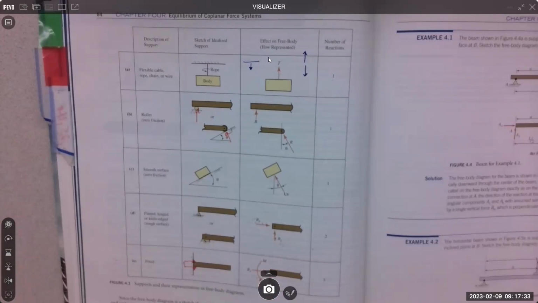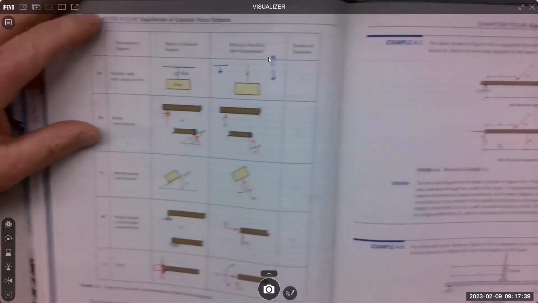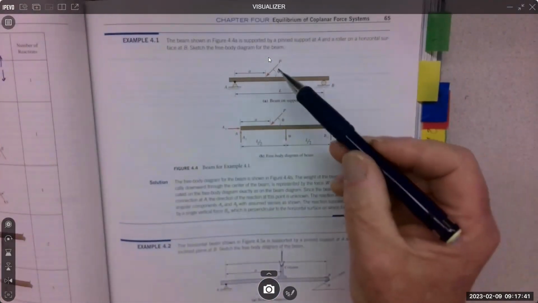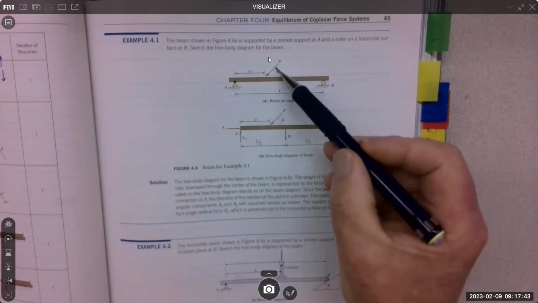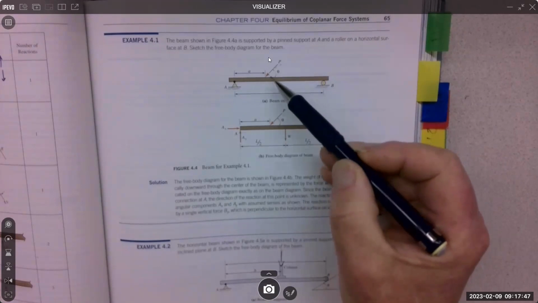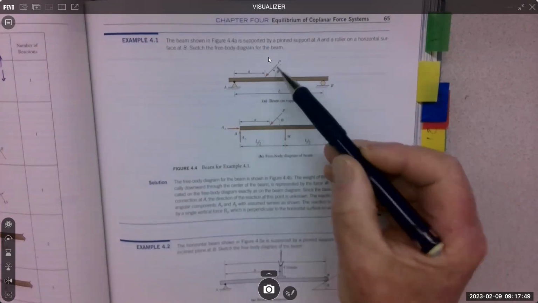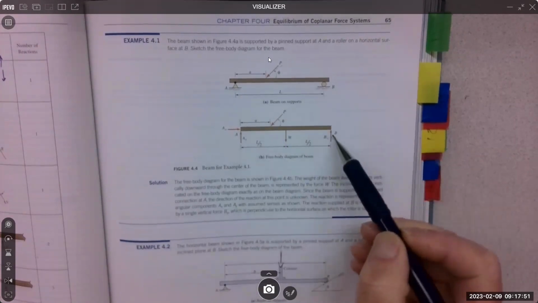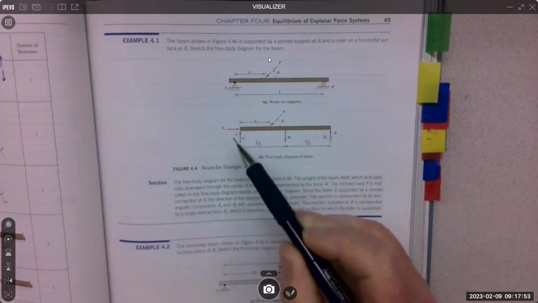And I'll talk about reactions a lot, like how many reactions do we have? Those are different than external forces, right? This is an external force. Usually it's given, and we know the angle. We kind of know all about that. That's what we've been working with so far. These are going to be reactions, right?